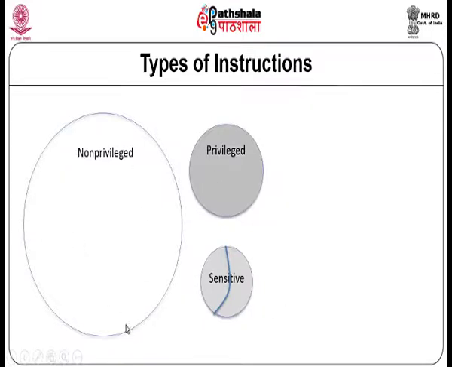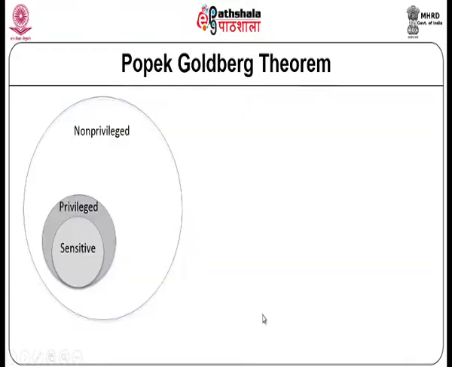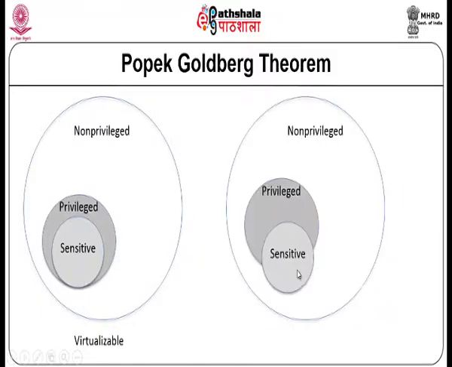One is the normal non-privileged set of instructions, which is the largest, then there is a set of privileged instructions, and there is a set of sensitive instructions. According to Popek-Goldberg, a machine is virtualizable if its privileged instructions are a superset of the sensitive instructions. So, this is a virtualizable system where the privileged instructions are a superset and the sensitive instructions are a proper subset of the privileged instructions.